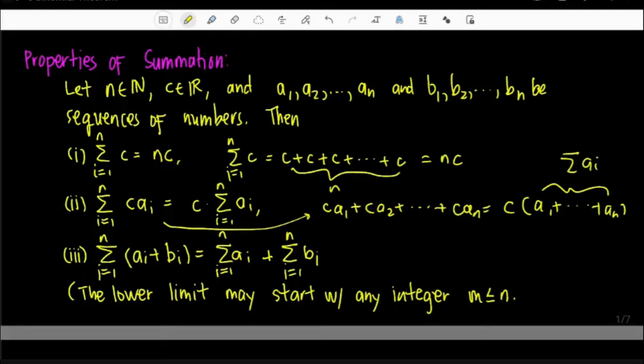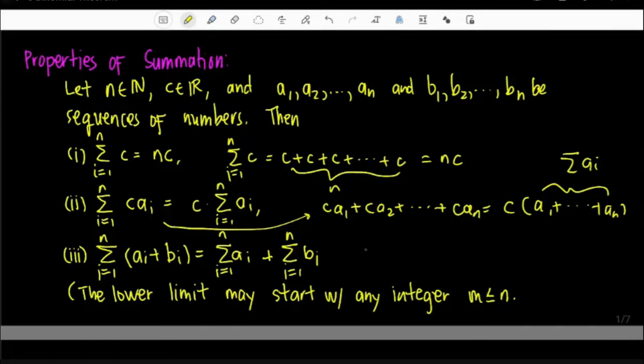You can also distribute summation over a sum. So we have the summation of a_i plus b_i is equal to the summation of a_i plus the summation of b_i. This simply uses the commutative property of addition.